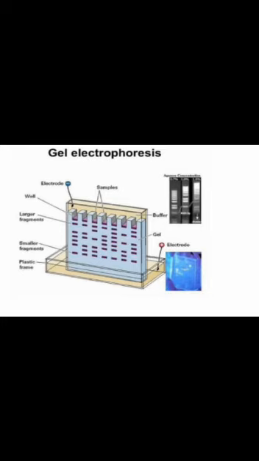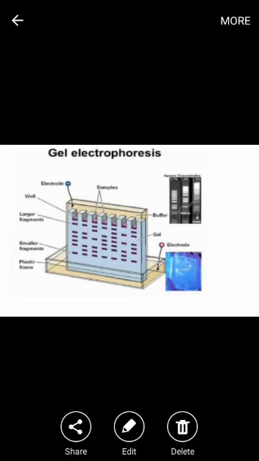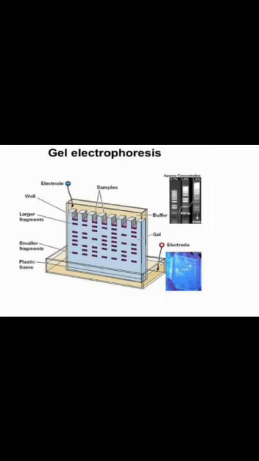In gel electrophoresis, the molecules to be separated are pushed by an electrical field through a gel that contains small pores. The molecules travel through the pores in the gel at a speed that is inversely related to their lengths.